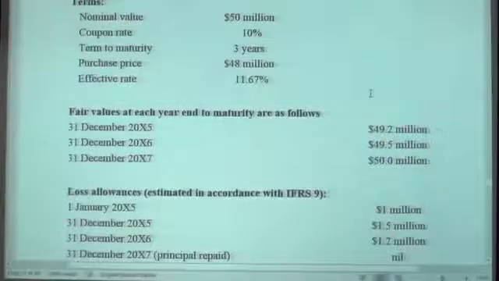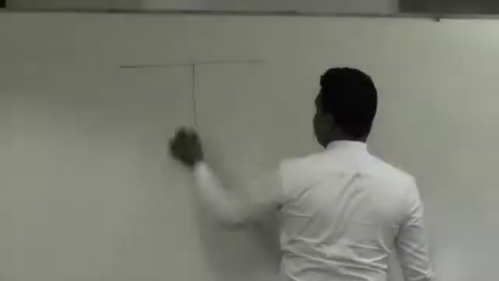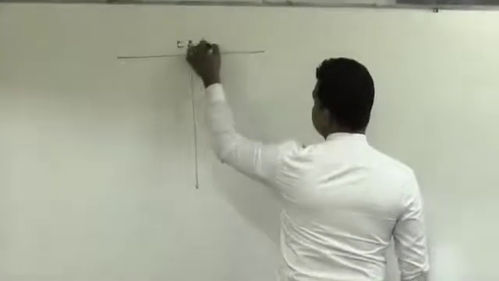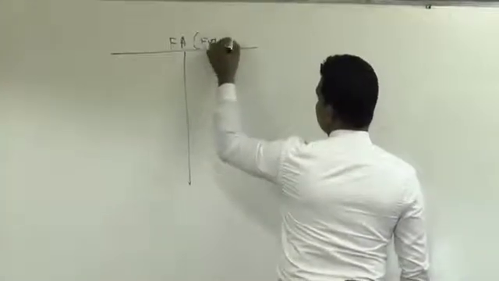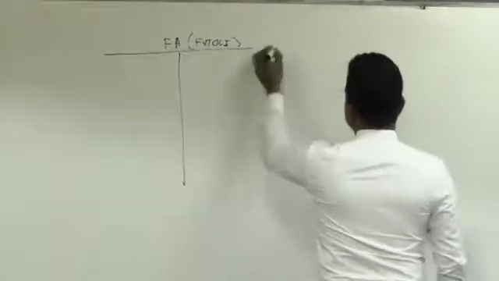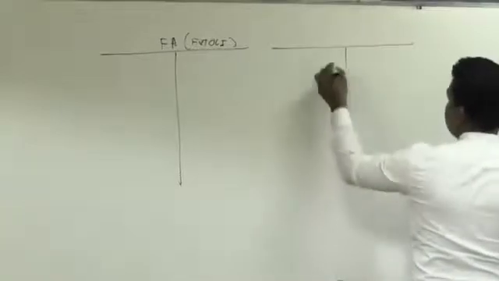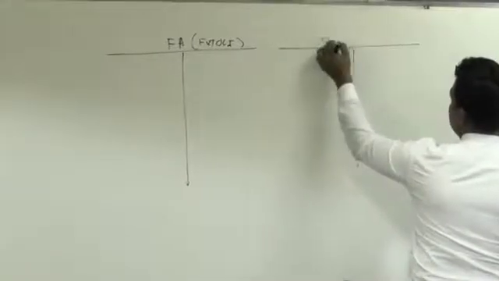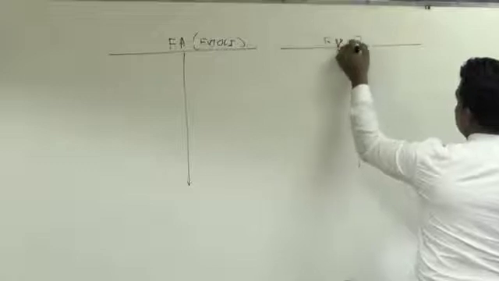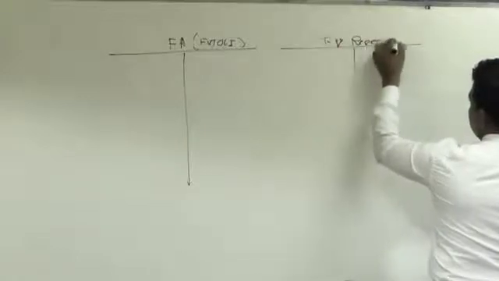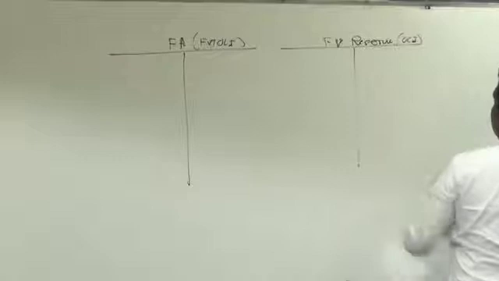Right, since it is a fair value through OCI financial asset, you need the financial asset account, financial asset at fair value through OCI. Since it is measured at fair value, you need to take an additional account, fair value reserve, which goes through the OCI.